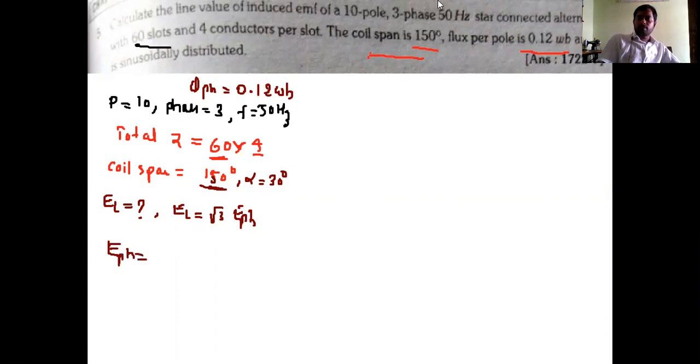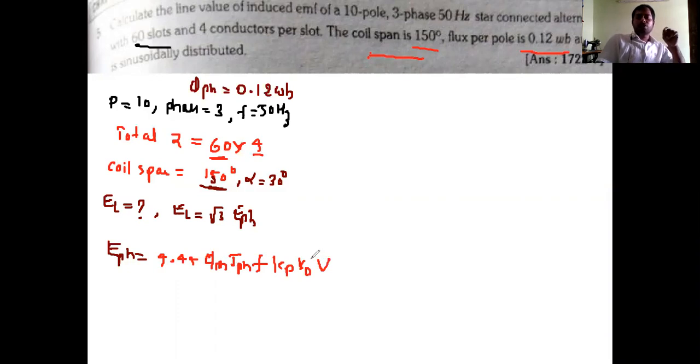This is the formula: 4.44 times flux times turns per phase times frequency times Kp into Kd.